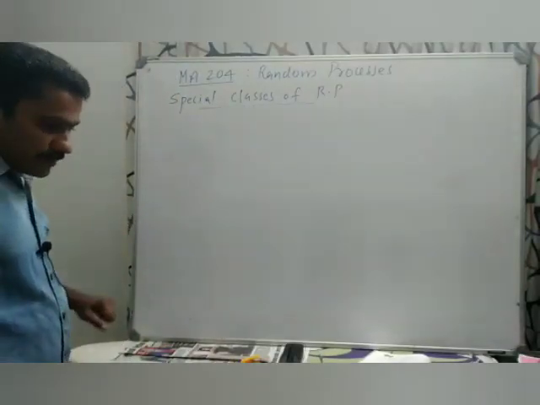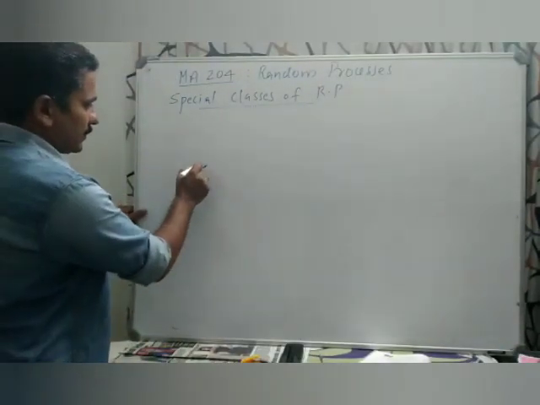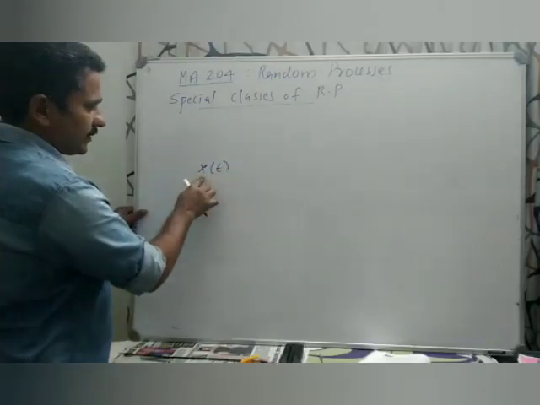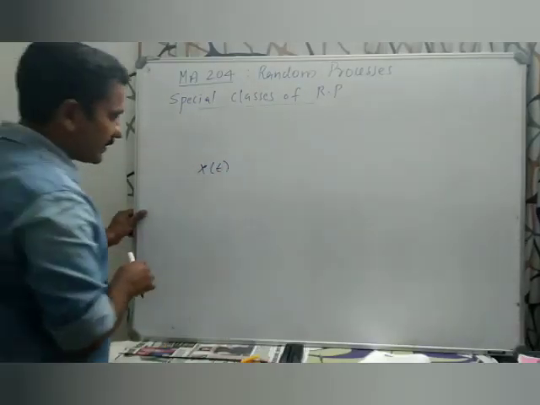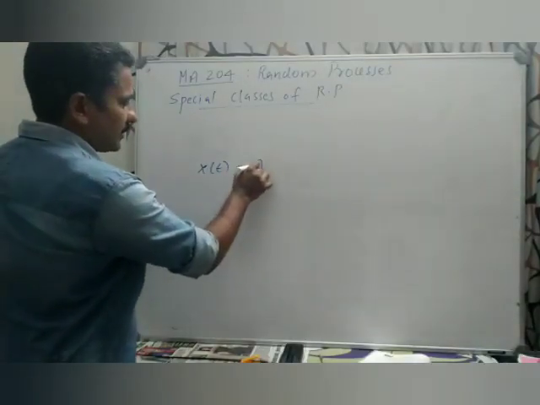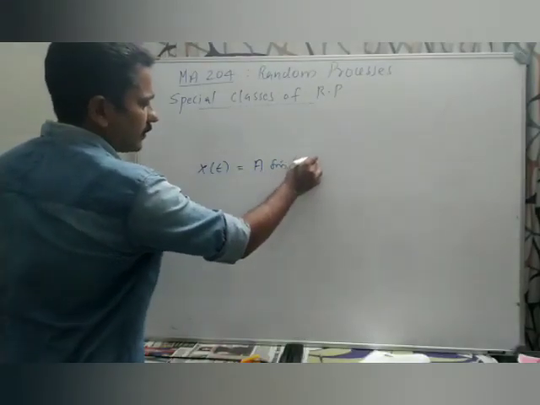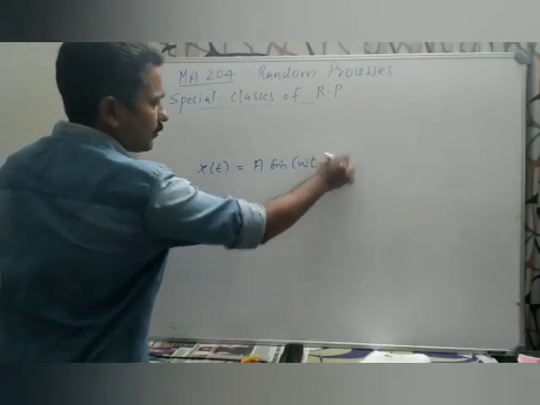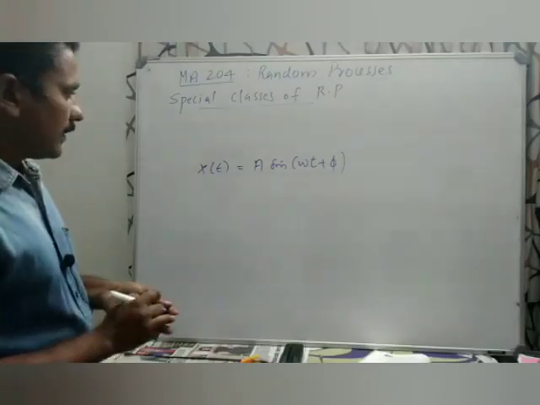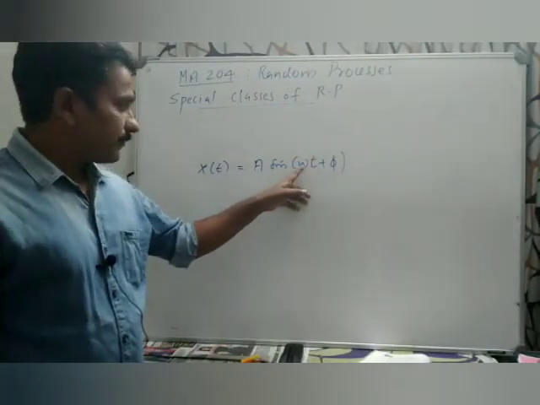As an example, if x of t is a random process, and we define this as A sine(omega t plus phi), here this is a function of t, time.